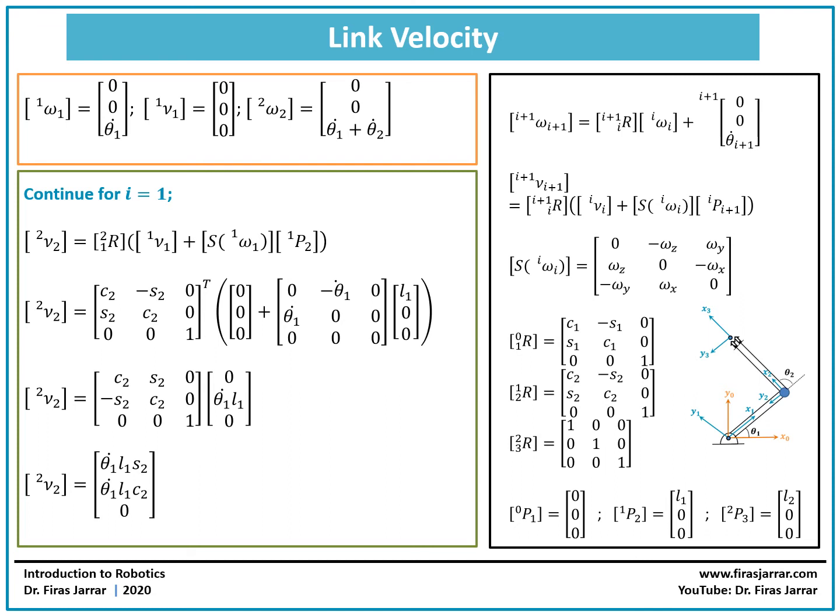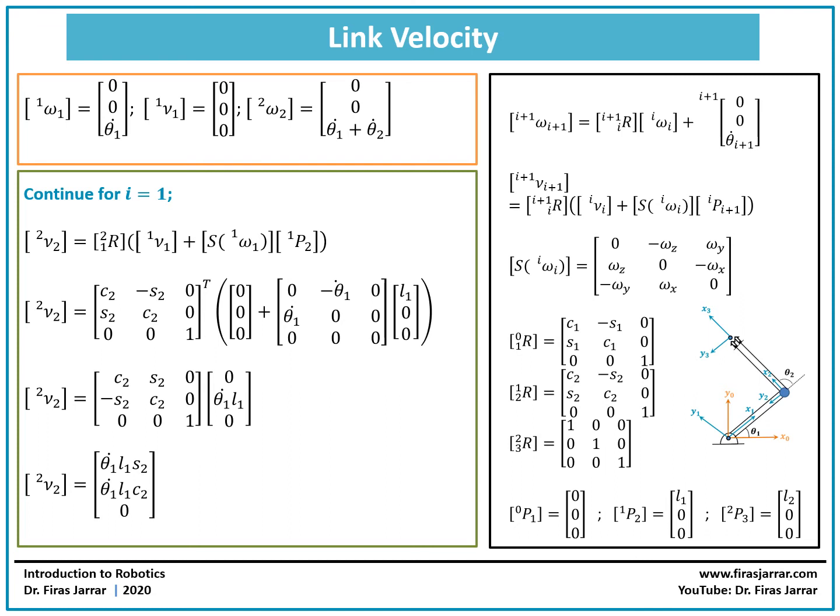So this is v1. And what about the skew symmetric matrix? The skew symmetric matrix of link 1 can be computed by substituting in the general formula of the skew symmetric matrix, where omega x, omega y, omega z can be obtained from the angular velocity vector that we obtained before. So instead of omega x here, this is going to be 0. For omega y, we also have 0.